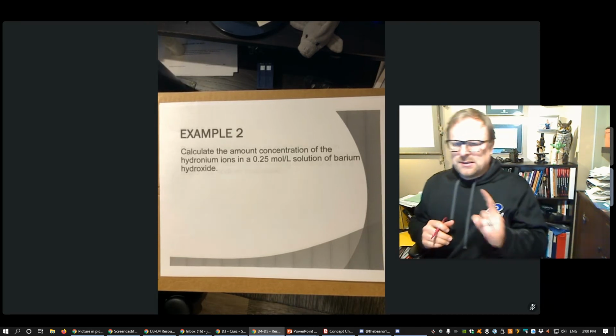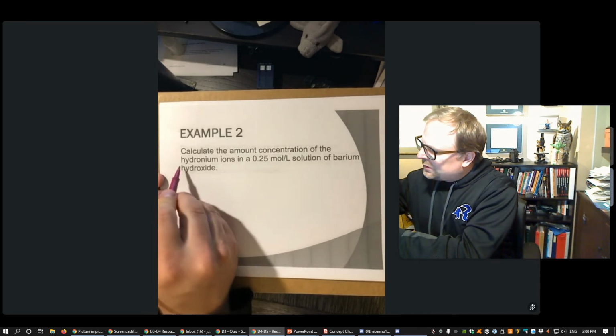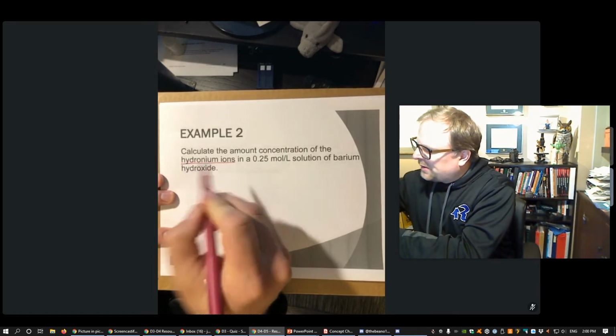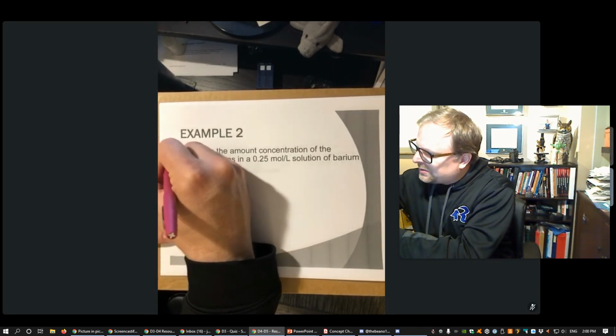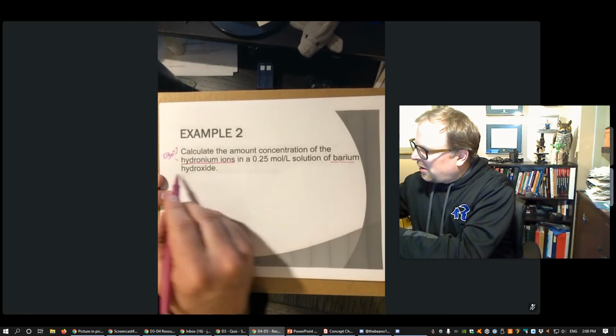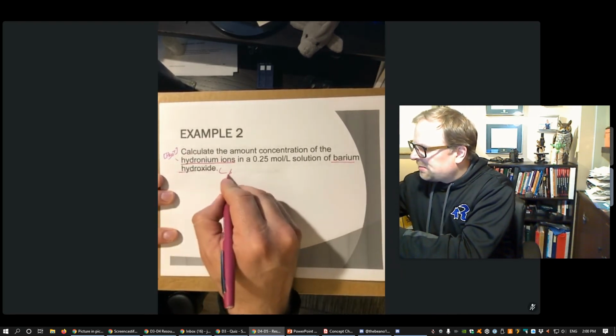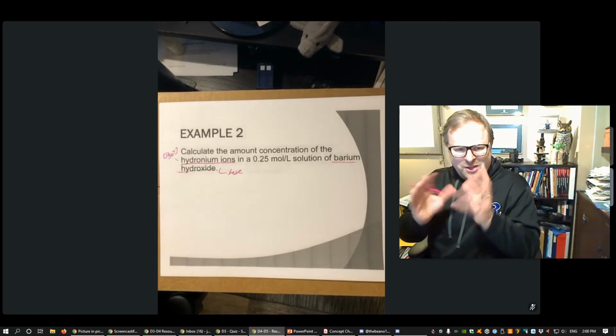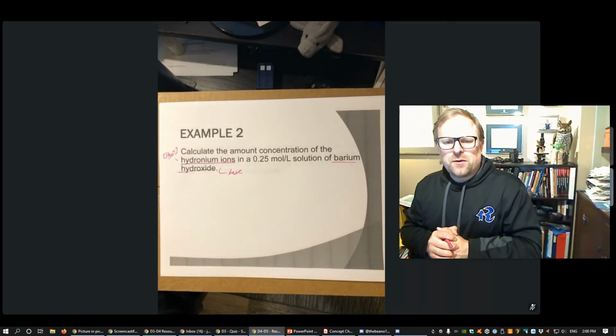So this one is a little bit tricky. First off, it's asking us to figure out the concentration of hydronium ions. Well, we're dealing right now with barium hydroxide, which you should recognize as a base. So we're going to have a little bit of fiddling to do to figure this out.